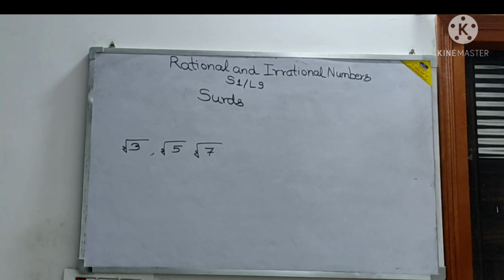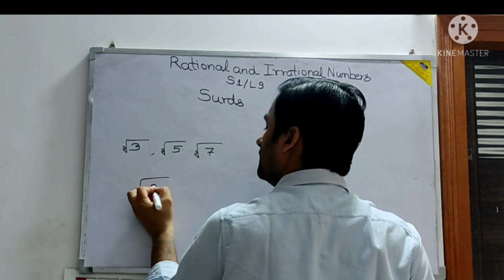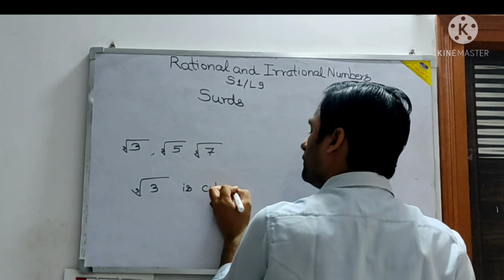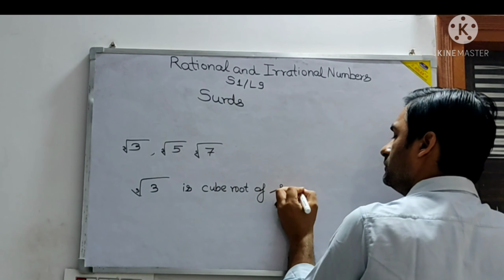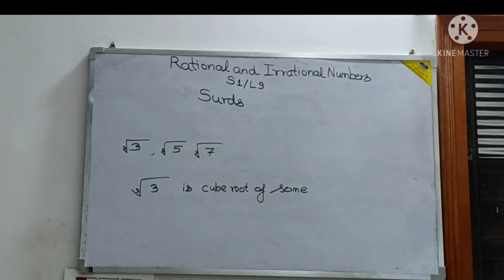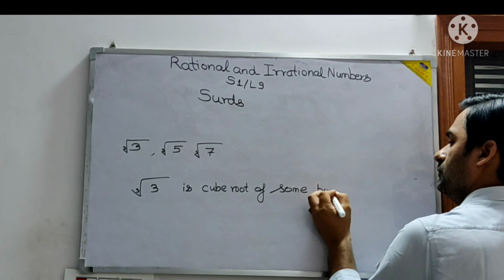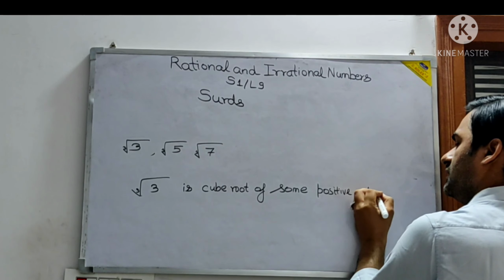So we can say that cube root of 3 is the cube root of some positive rational number.